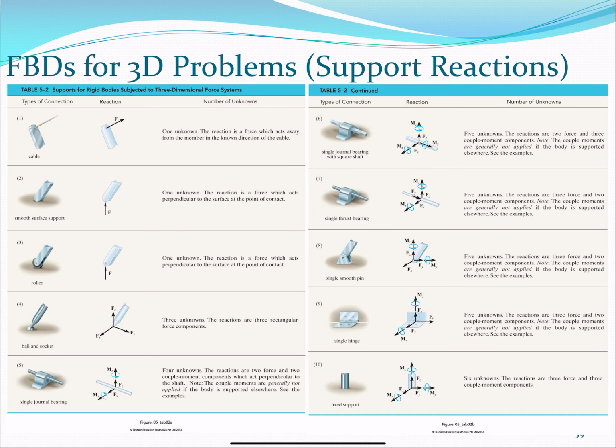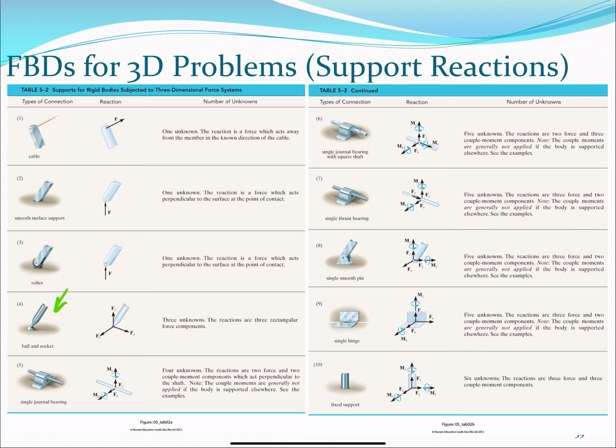Different types of supports in 3D will provide you with different reactions. So let's examine a couple of these. You can take a look at this table later. The ball and socket: let's take a look at this one, for example.